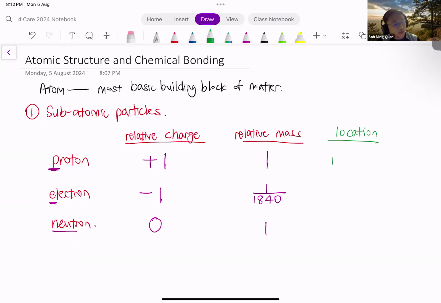The protons are located in the nucleus. On the other hand, the electrons are not inside the nucleus. They are not in the center of the atom. They are actually in the electron shells around the nucleus.